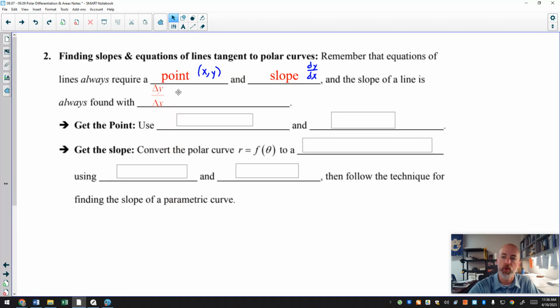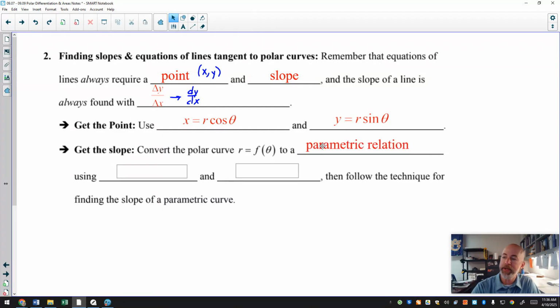Slope is always a delta y over delta x, which in calculus is dy dx, the derivative of y with respect to x. So if I need xy and I need a dy dx, we're going to have to use x equals r cosine theta and y equals r sine theta, which will convert your polar curve to a parametric curve.